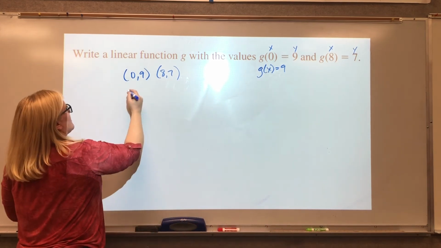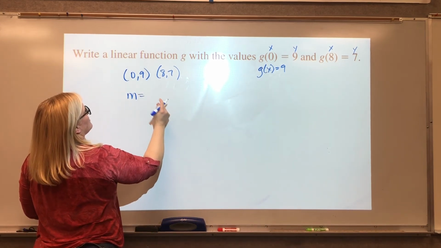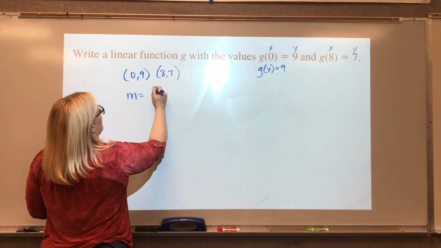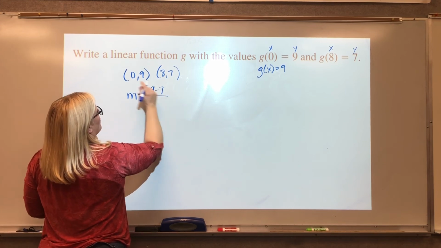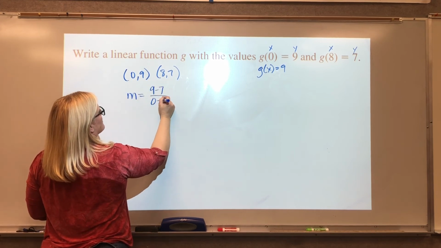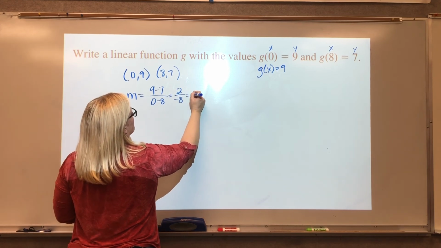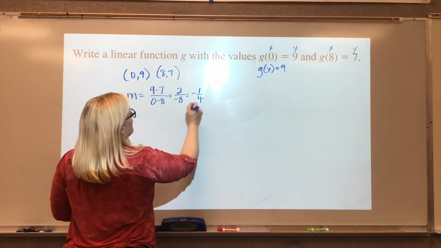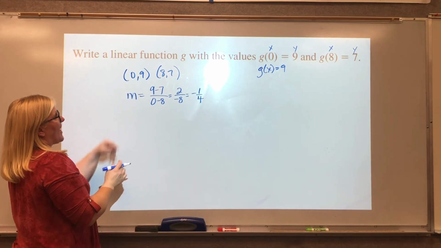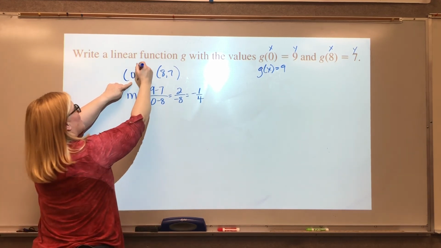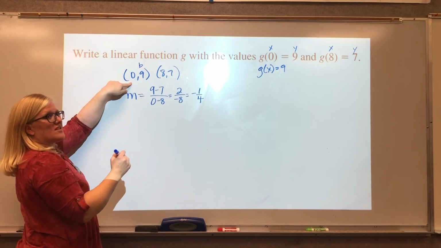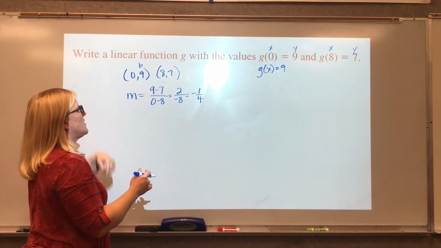So again, I'm going to go with the slope here. I'm going to do y minus y over x minus x. That gives me 2 over negative 8, which gives me negative 1/4. And look at that, here's b. We're not always going to have the y-intercept, but we do here.